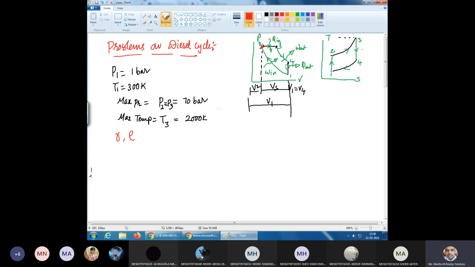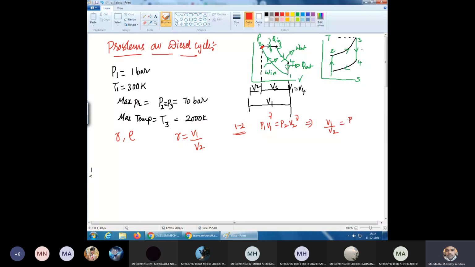Right. So compression ratio is equal to V1 by V2. But we have P1, P2 value. So 1 to 2 process, it is isentropic compression process. P1 V1 power gamma is equal to P2 V2 power gamma. From this, I want V1 by V2.